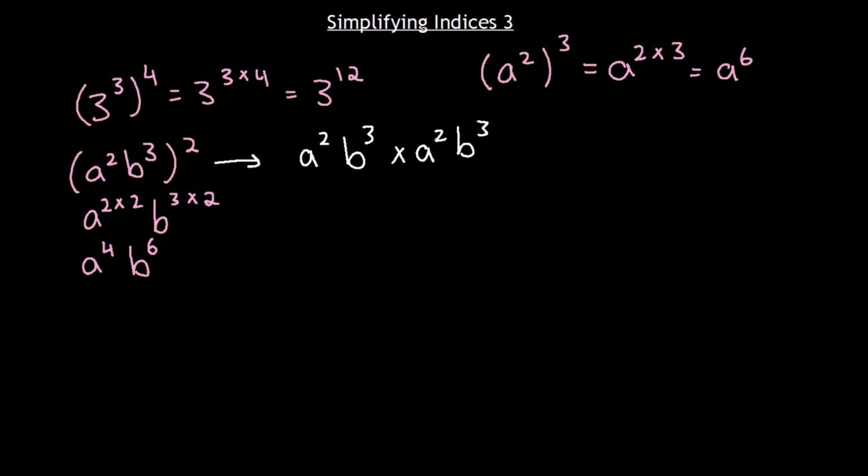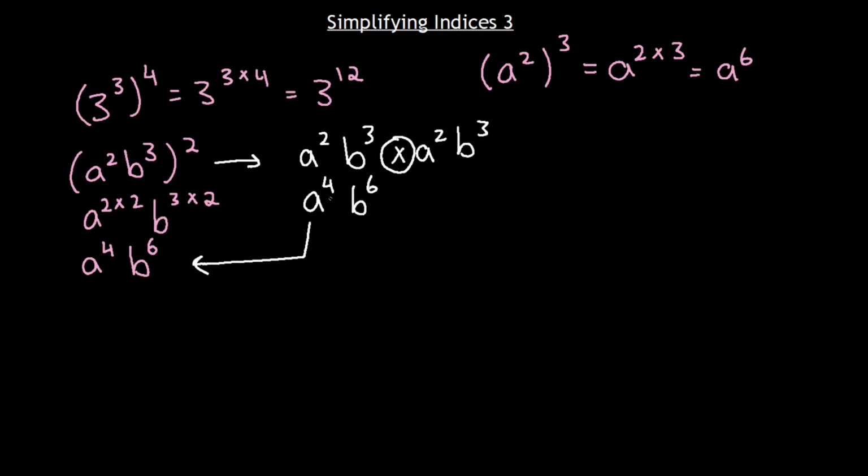And using the addition rule, which is adding the indices when we multiply, because we are multiplying, we can use that rule. So we have an a to the power of 2, I've got an a to the power of 2, I can add up the 2's. So this will be a to the power of 4, and we can look at the b's here and go, well 3 add 3 is 6. So as you can see, it's the same answer.